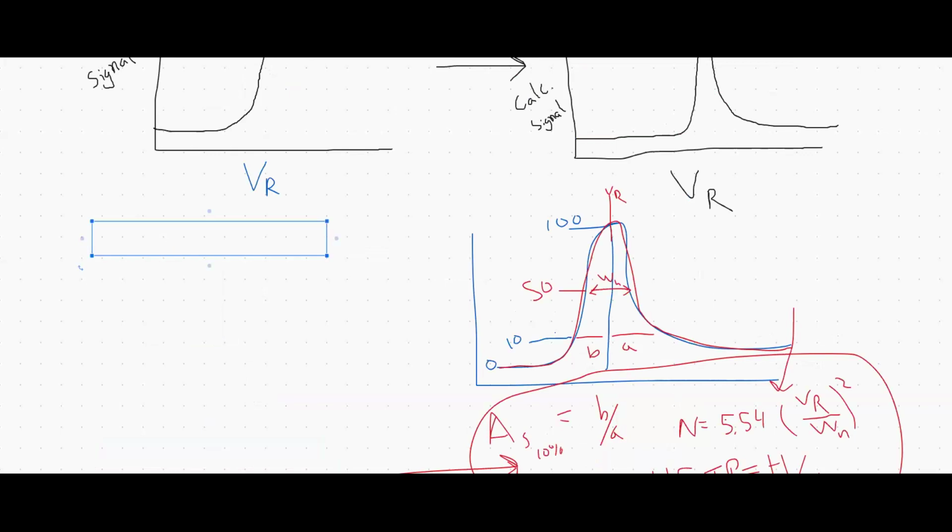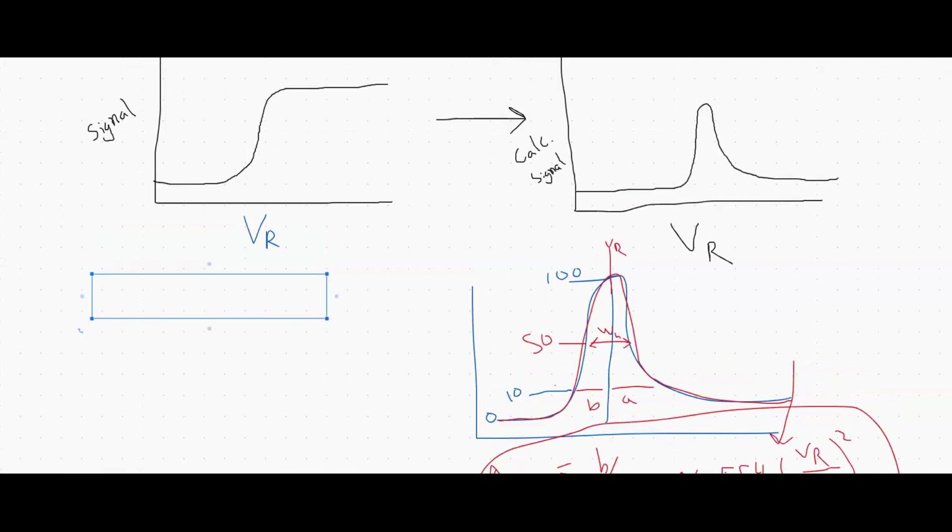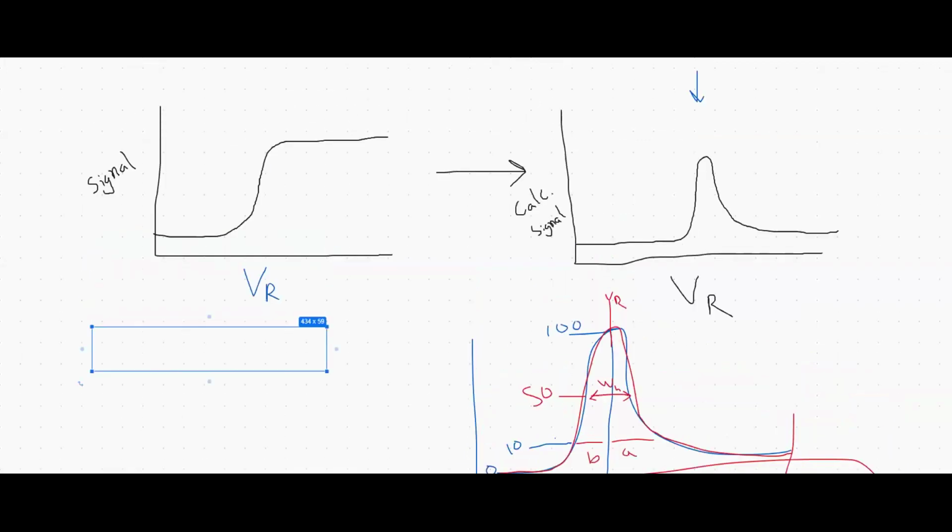Obviously after you pack, you're going to have a dedicated qualification, but if you're just trying to track how your column's performance is over time, you can just pull this out of your chromatograms and do the phase transition analysis. Yeah, I'll just leave it at those two. I think those are two reasons to do this. There's probably more. If you can think of any, drop them in the comments.